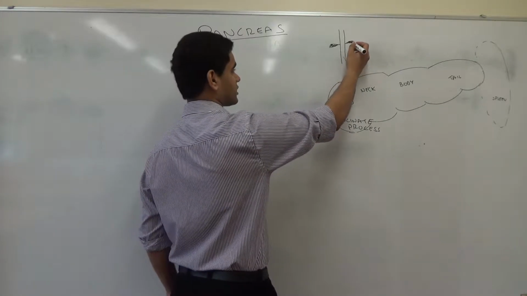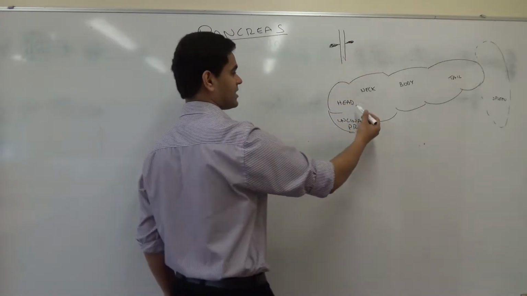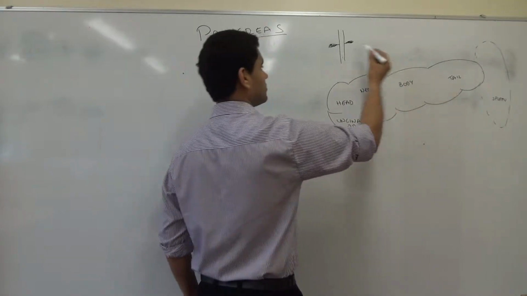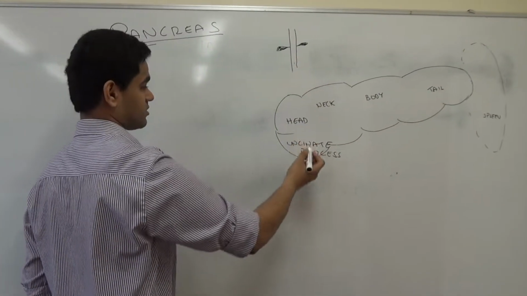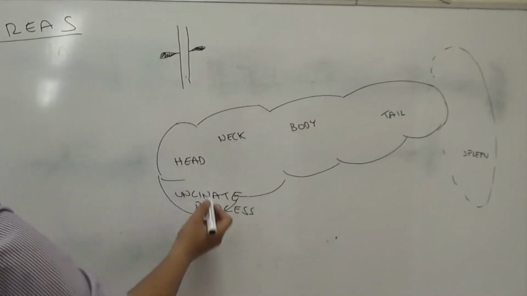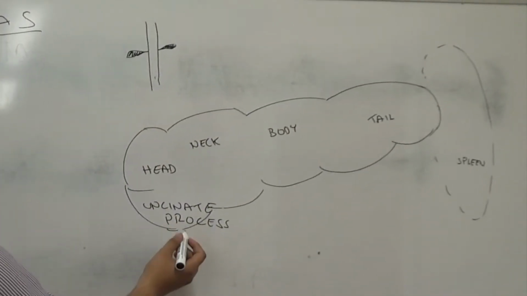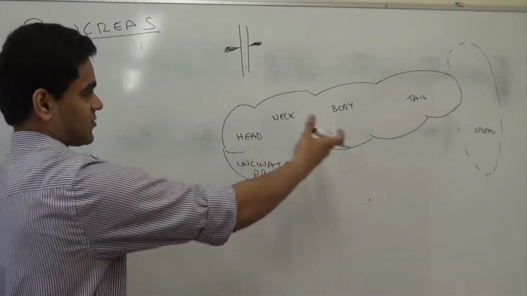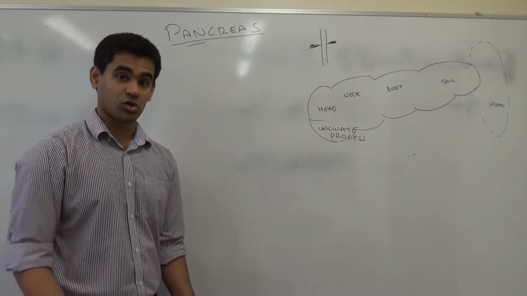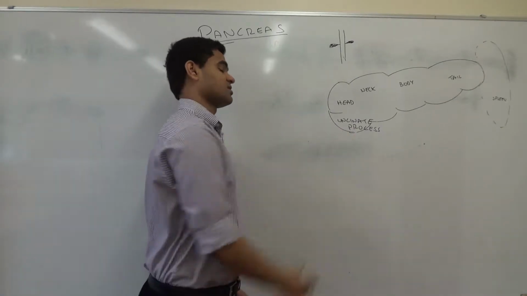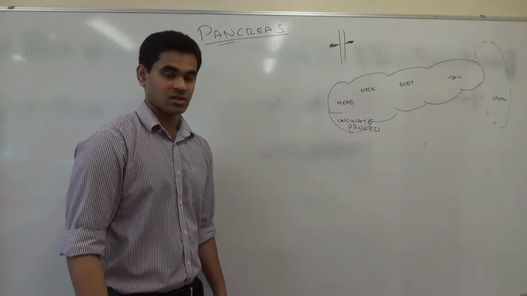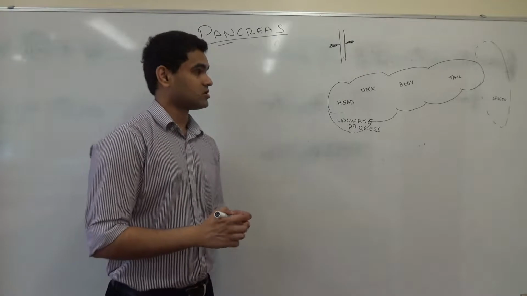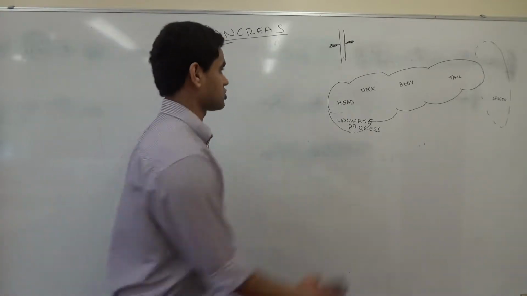So the dorsal pancreatic bud goes on to eventually form the head, neck, body, and tail. But this ventral pancreatic bud forms the uncinate process. So although in the adult, the uncinate process and the rest of the pancreas appears as one organ, actually the uncinate process has a distinct embryological development. But please don't worry too much about that. We'll do that at another time covering embryology.